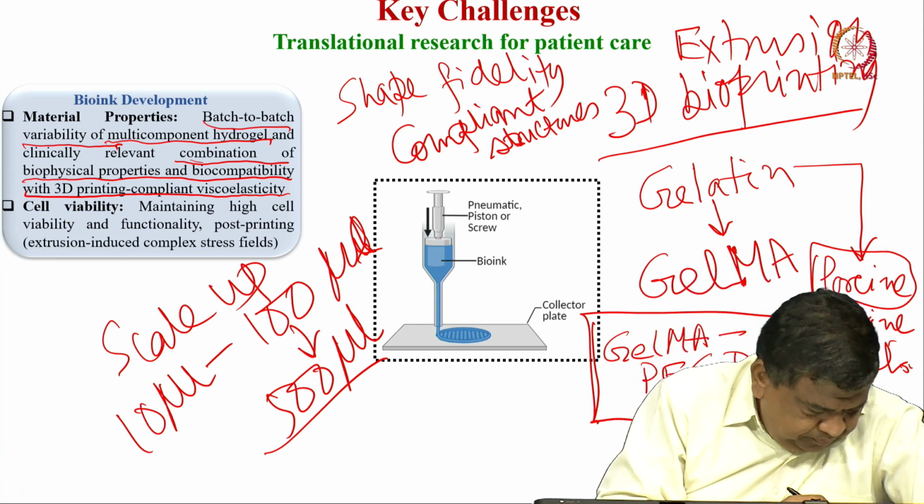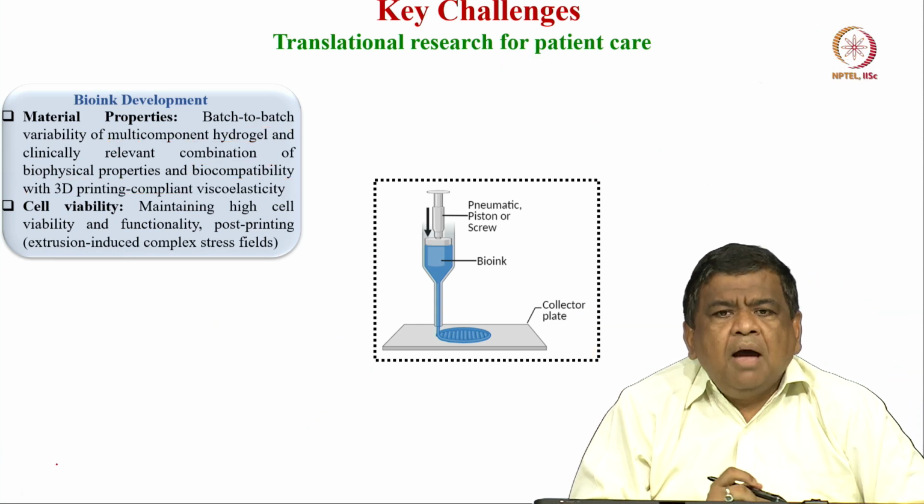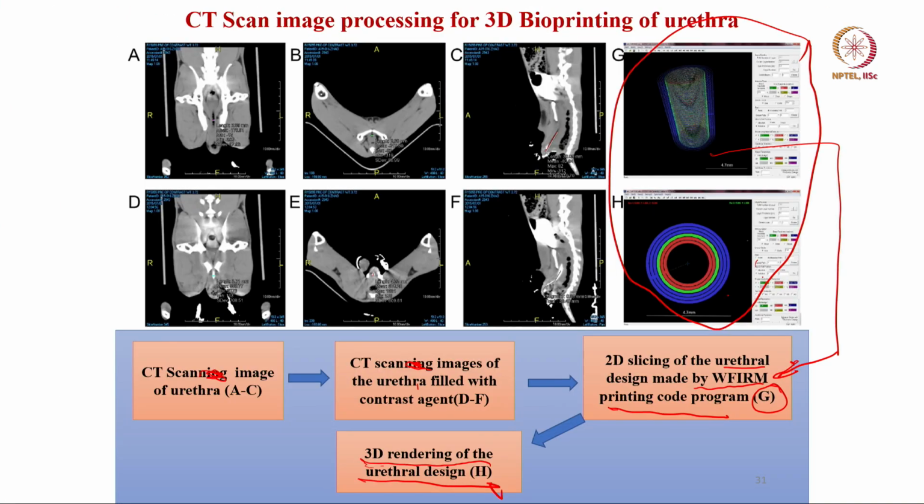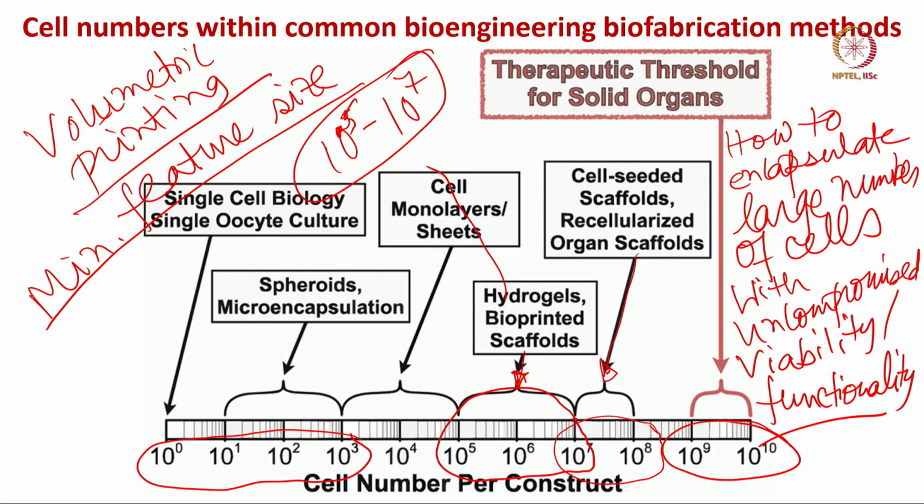Second one, cell viability. In the last slide I mentioned cell numbers with common bioengineering biofabrication methods, and here I have mentioned that typically 10 to the power 5 to 10 to the power 7 cells can be encapsulated using some specific hydrogels to make the bioprinted scaffolds.